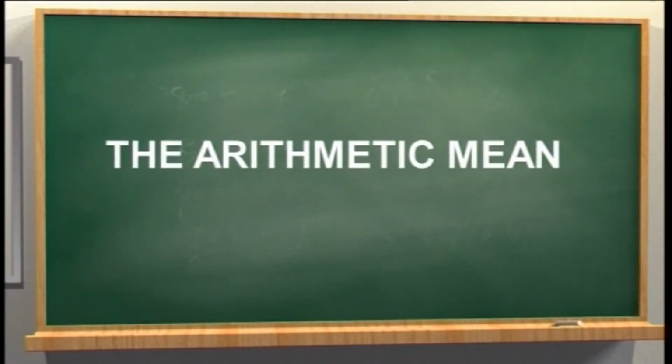Now let us look at the arithmetic mean. The arithmetic mean or arithmetic average is one of the most common measures of central tendency and is defined as the sum of the values in the data group divided by the number of values.